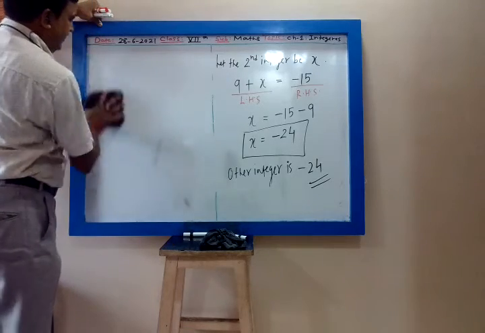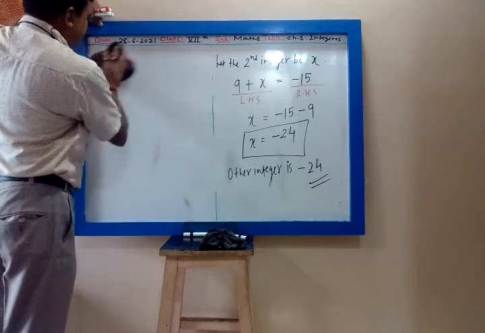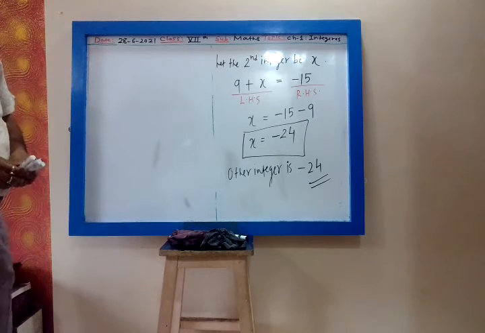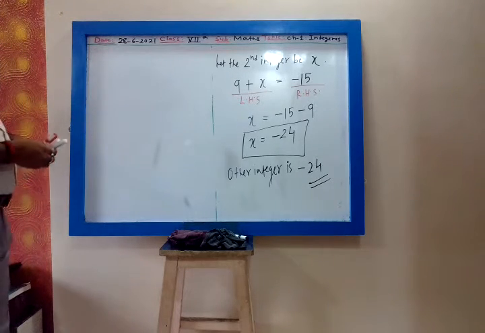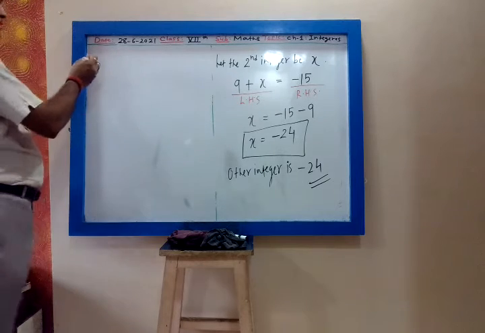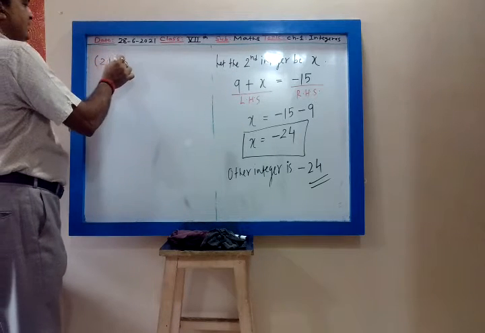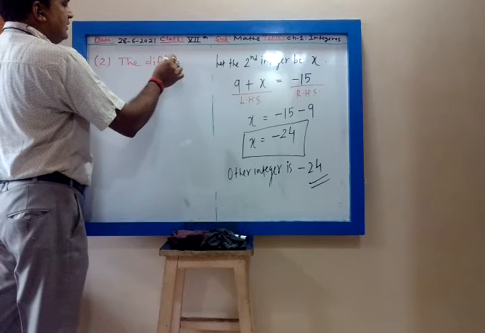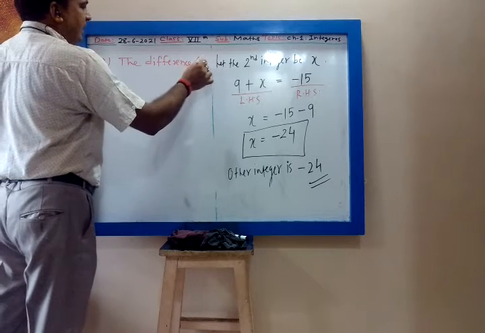Let us solve the second one. The difference between two integers x and minus 6 is minus 5. What do you mean by difference? Minus.